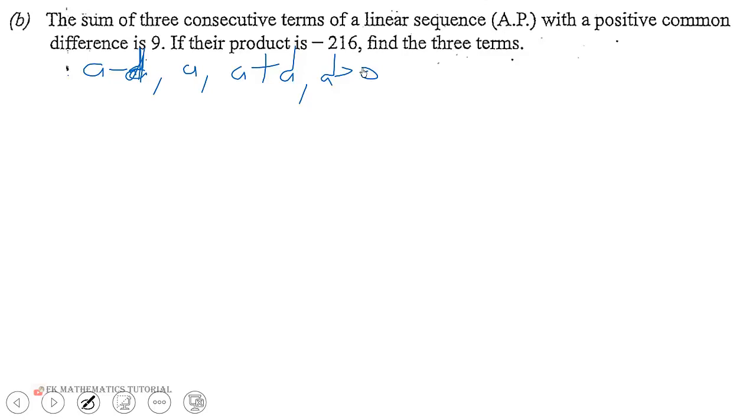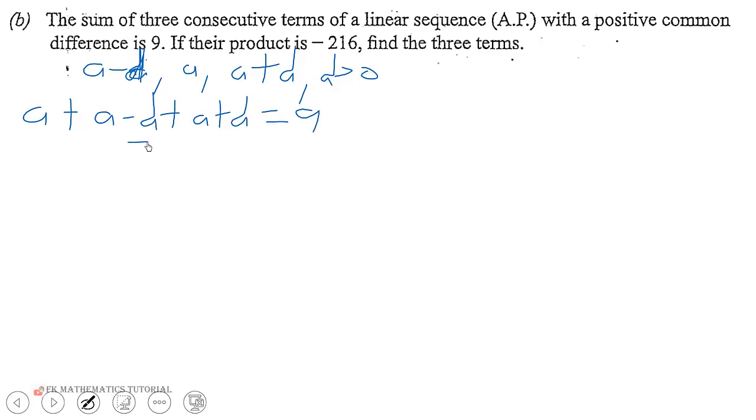And we're also given that their sum is 9, so we add all these to equal 9. So a plus a minus d plus a plus d is equal to 9.